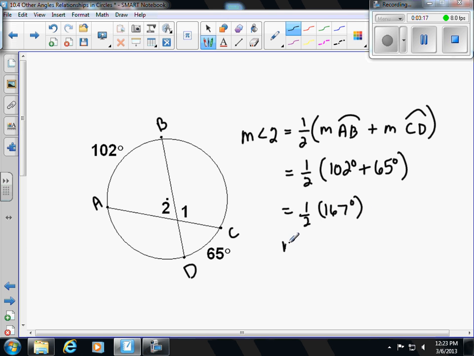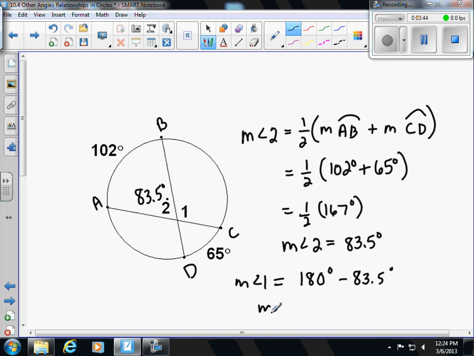So that tells us that the measure of angle 2 is equal to 83.5 degrees. So we can put that right here in our diagram. Well, notice that angle 1 and angle 2 form a linear pair. So to find the measure of angle 1, we know linear pairs add up to 180 degrees. So we're just going to take 180 minus 83.5. So we get that the measure of angle 1 equals 96.5 degrees. And we'll put that right in our diagram.